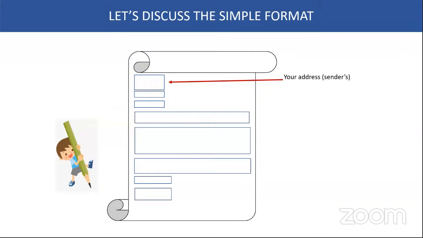So it is easy if you remember these things in your mind and make use of them to write the personal letter. So in the first box you have to write your address or the sender's address.